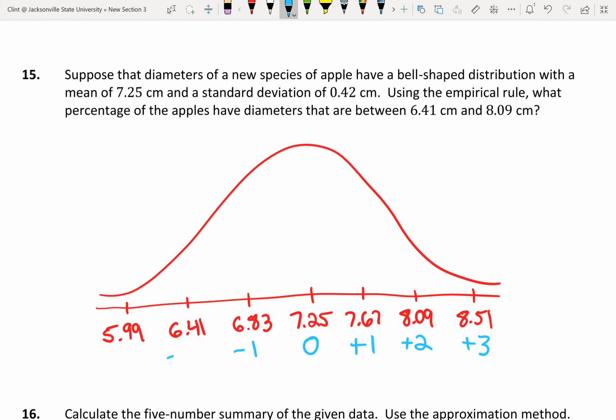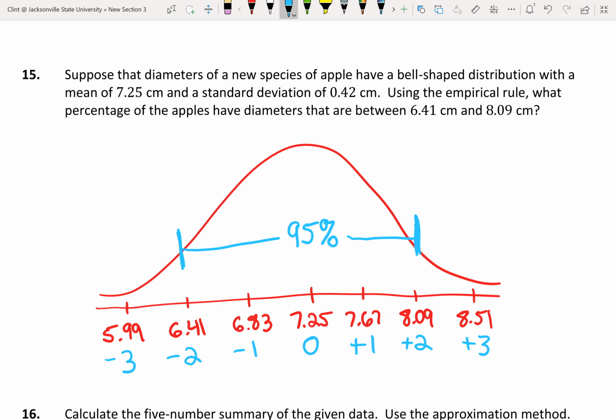This is 1 below, 2 below, and then 3 standard deviations below the mean. This one we want to know what percentage of our data is between 6.41 and 8.09 centimeters. Well, that's within 2 standard deviations of the mean. So the empirical rule says we should have 95% of our data in that range.